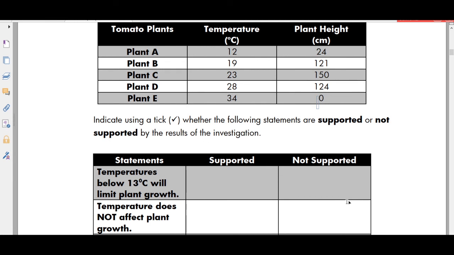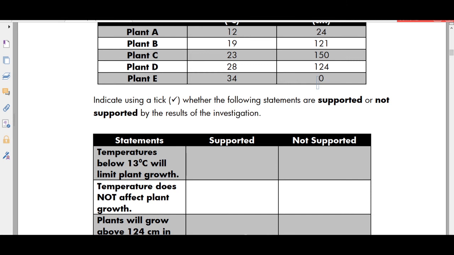So let's go to our statements and see if we can determine what they are. It says here, temperatures below 13 degrees Celsius will limit plant growth. Yes, I would want to say that it would limit the plant growth because we notice that the cooler it gets, the lower the growth is.